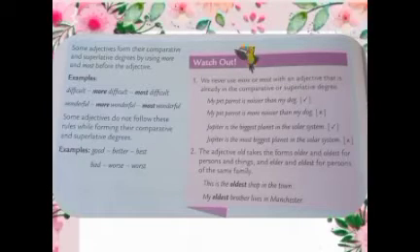But elder or eldest is used for persons of the same family. So if we want to compare two persons of the same family, we should use elder or eldest, younger or youngest.